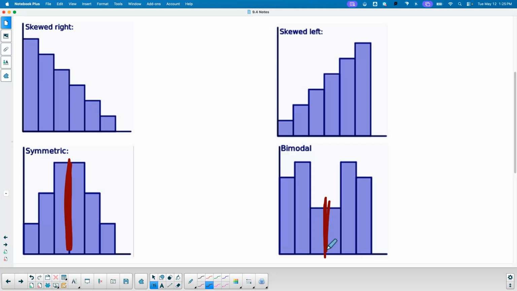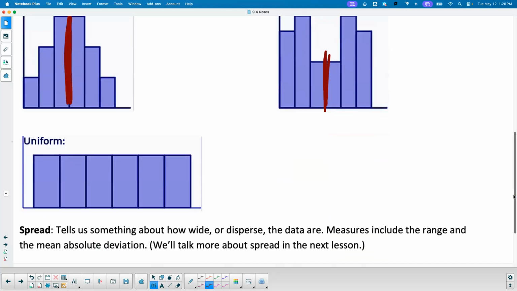Over here on a skewed left one, that middle is probably going to be somewhere over in here. It's going to be skewed the same as the data, so it's going to be pulled over a little bit. On a skewed right, it's going to be there. And when it's uniform, it's going to be smack dab right there in the middle.